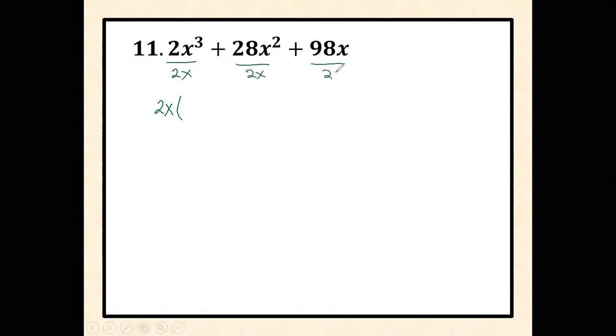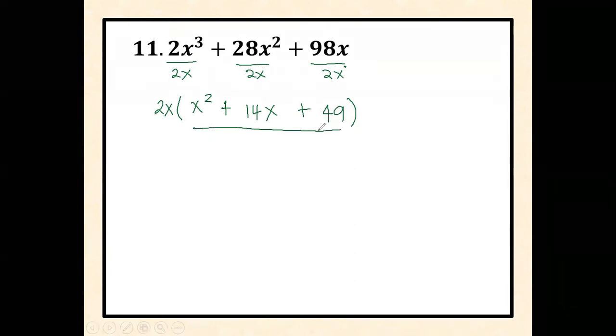So we get the remaining factor as x squared plus 14x plus 49. And then we check if this is a perfect square trinomial. Yes, it is, because the first term is a perfect square and the last term is also a perfect square of 7 squared.